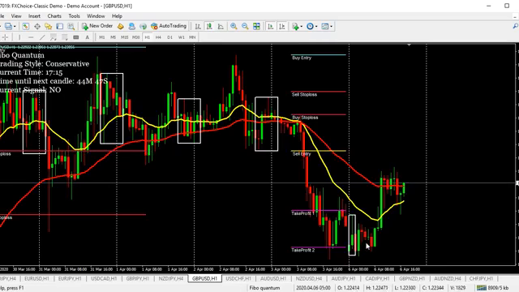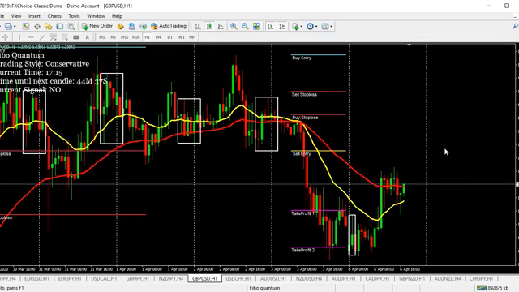Now, we're getting a pullback here into the area of value, and that's the 1-hour day trade. Again, I'm going to make a video for each one of the trading strategies, and there'll be a Word document with all the rules and everything you need to know about when to get in those trades and when to get out. But I'll make a separate video for each one.